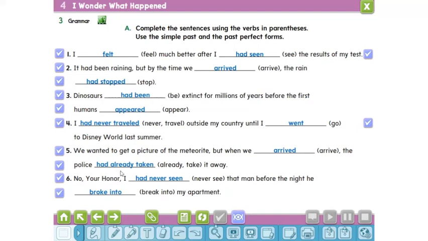Number five, we wanted to get a picture of the meteorite, but when we arrived, the police had already taken it away. And number six, no, Your Honor, I had never seen that man before the night he broke into my apartment. So that's about the first task.